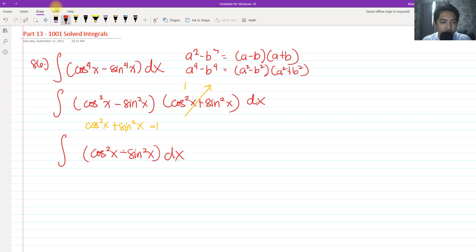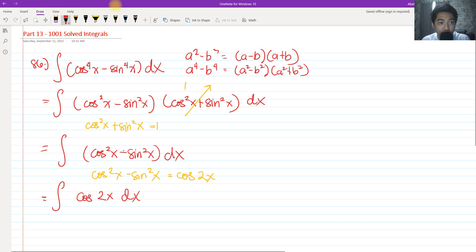And of course, we also have the identity for cosine squared x minus sine squared x. I think it's the double angle identity, and that is technically equal to cosine of 2x. So now our integral reduces to simply the integral of cosine of 2x dx, which is readily integrable.